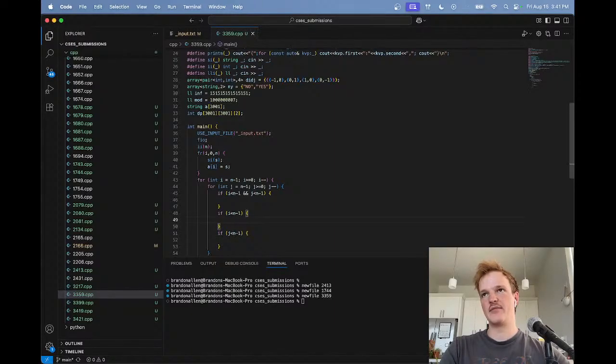If i is less than n minus 1, dp at i at j is equal to dp at i plus 1 at j.